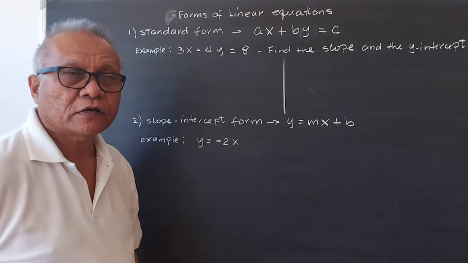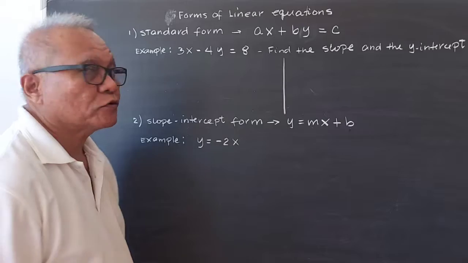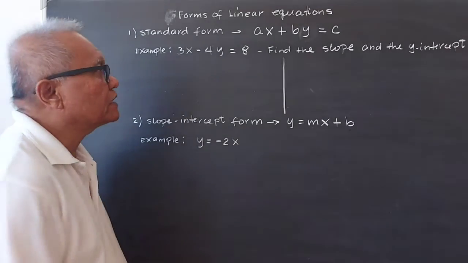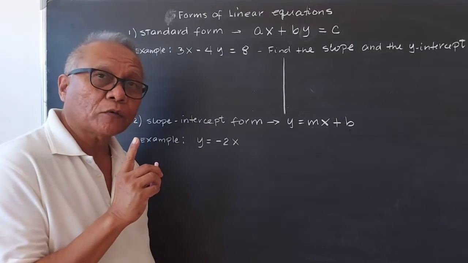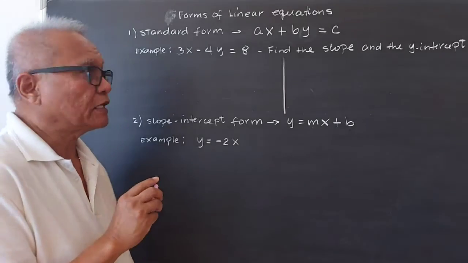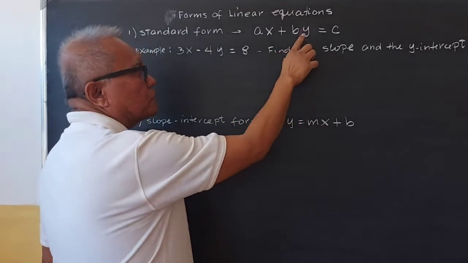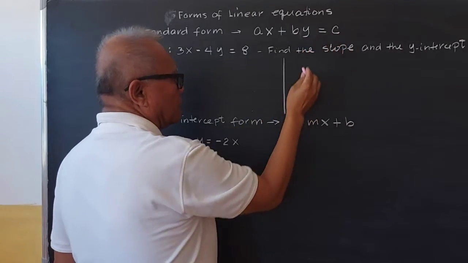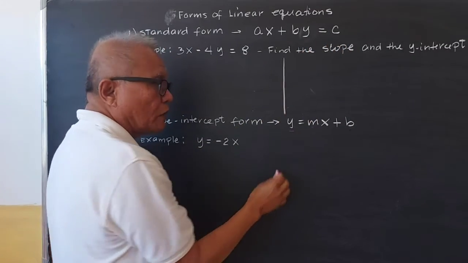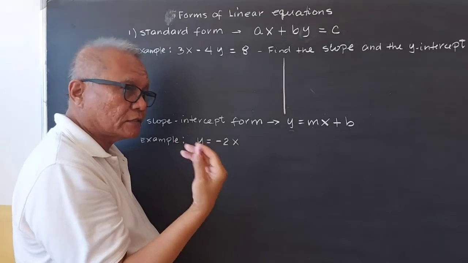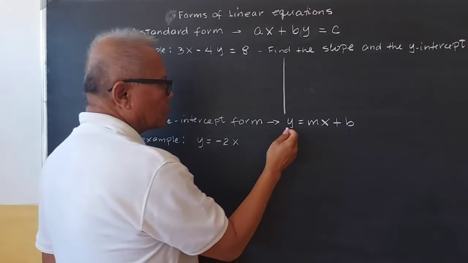Okay, let's derive the formula for the slope and the y-intercept if our linear equation is in standard form. So ax plus by is equal to c. Now in this form we need the y alone on the left. There's nothing there but y.